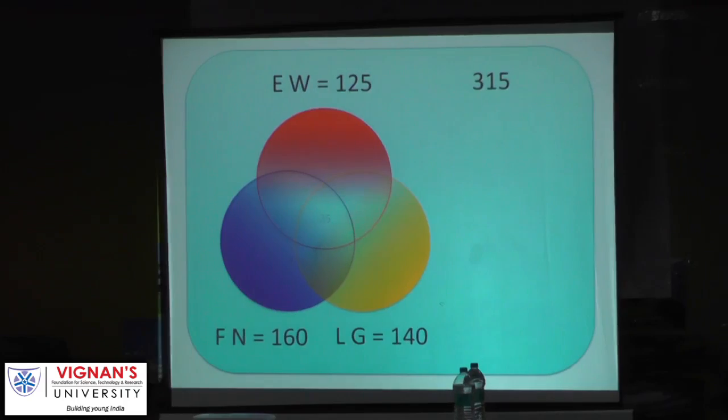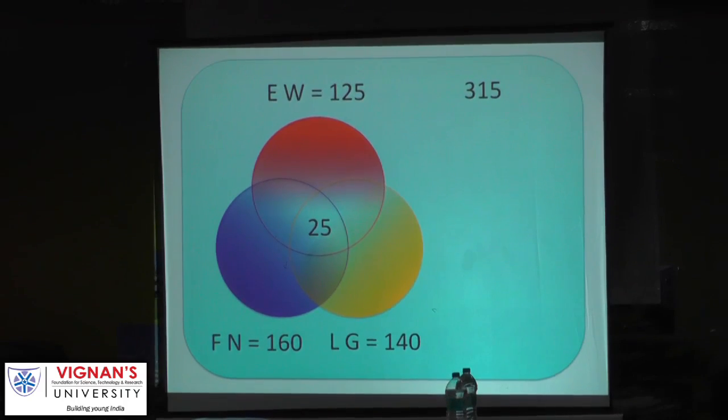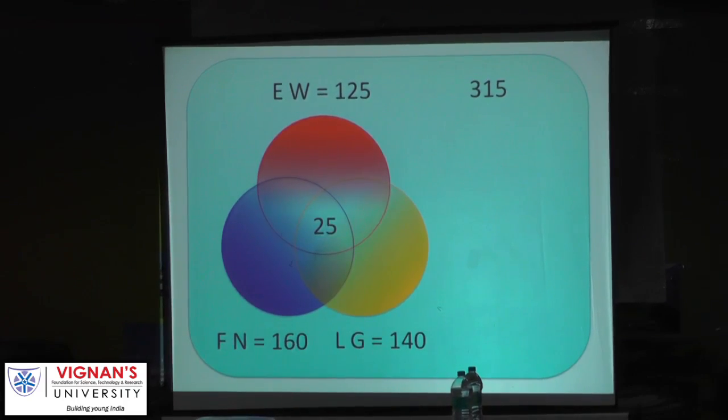Now, how many visited all the three places? How many visited none of the places? A, B and C. What are these A, B and C? Only one. Exactly one of the three. How many visited A plus B plus C? It is clearly given, right? Number of students who visited exactly one of the three places is 200.